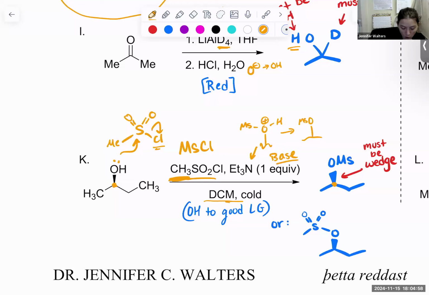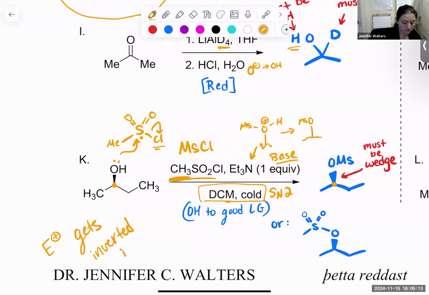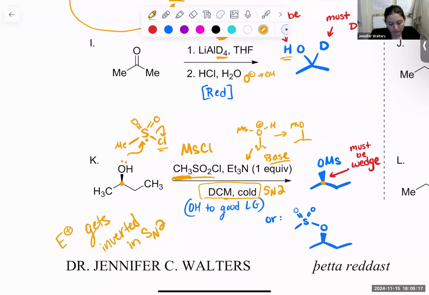The DCM and cold was trying to hopefully reinforce that we're doing an SN2, but remember, only the electrophile sees inversion of stereochemistry. The nucleophile does not. Any questions about K?